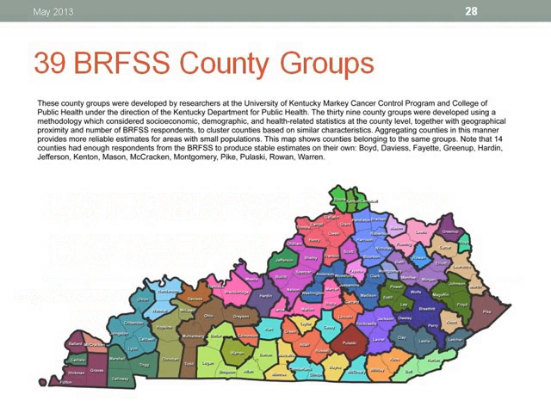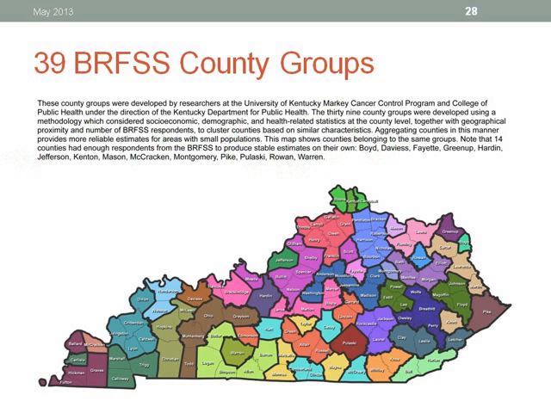to come up with 39 BRFSS county groups. Now, there are a handful of counties where the sample sizes are large enough where you can get a single county estimate, and they're listed here, beginning with Boyd and ending with Warren. So big counties like Jefferson and Fayette and Daviess County, and Owensboro.